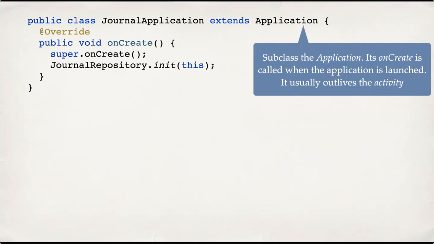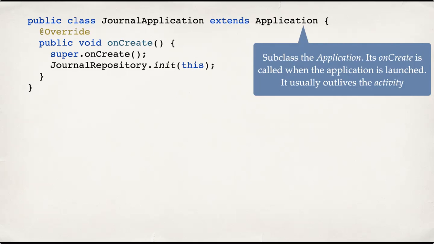Why we want to do it here and not in an activity? Because the application is more likely to outlive any activity instance, right? We know that activities get destroyed when you rotate the device, and so on, but the application can live longer. So we are going to instantiate the repository when the application itself is launched.